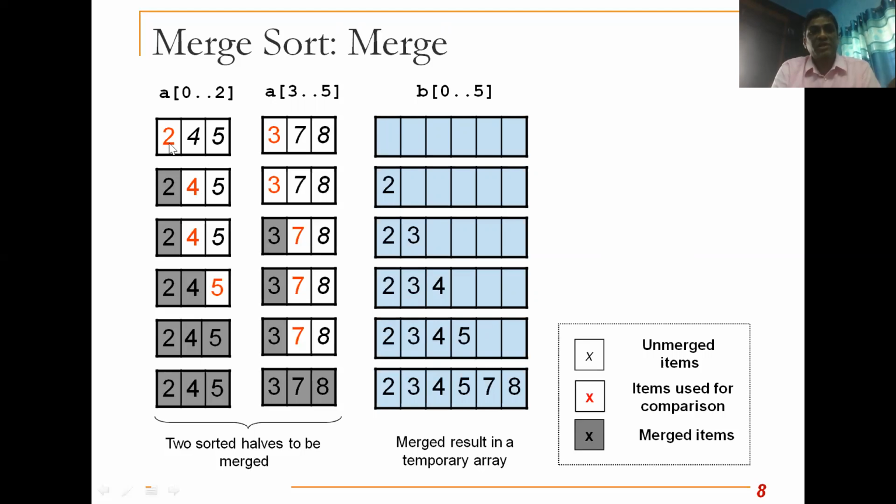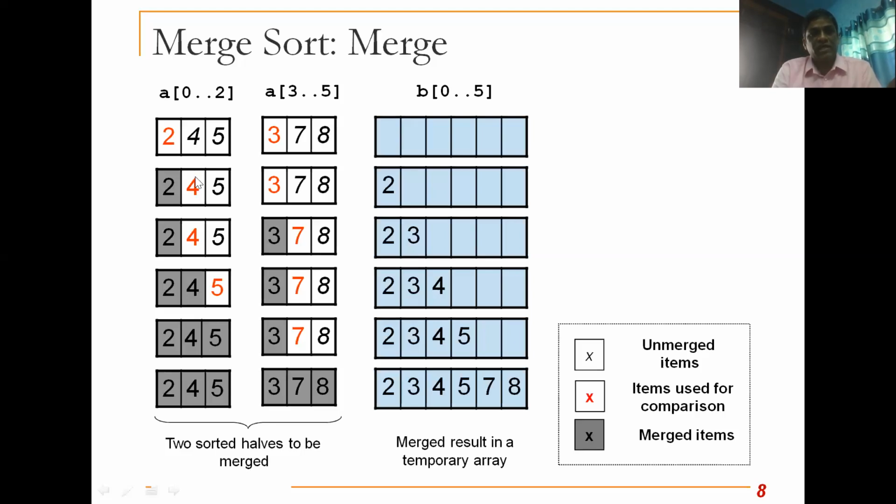Therefore, copy that element 2 into the array B, and then 2 is copied from this array. Therefore, move the pointer to the next element. What is it? 4. See, the pointer in the second half is the same at 3. Because 2 is copied, we move the pointer from 2 to 4 here.